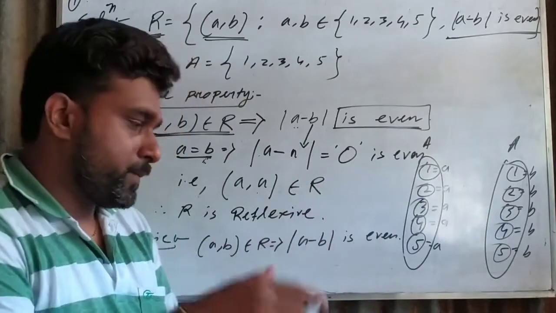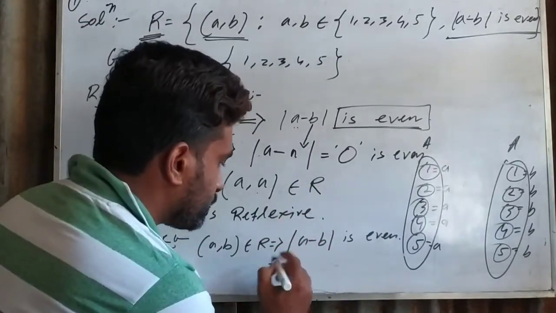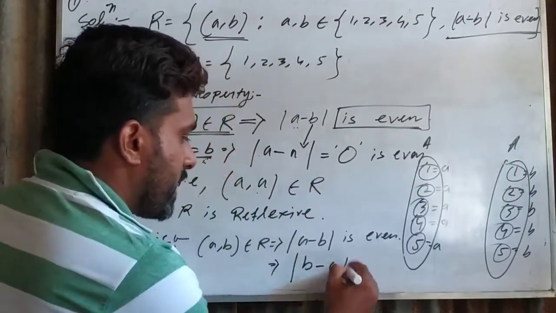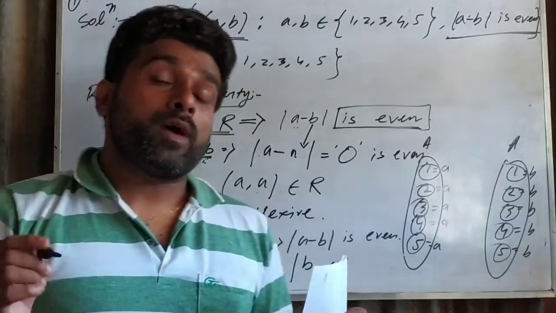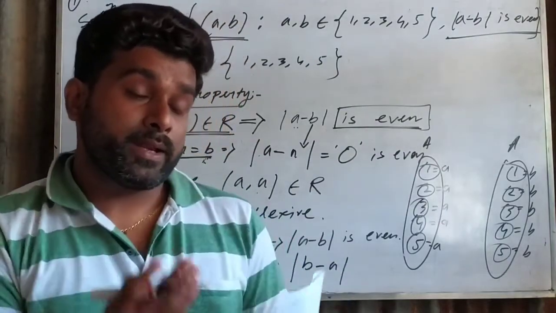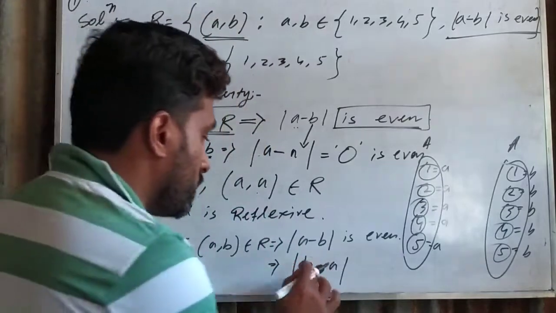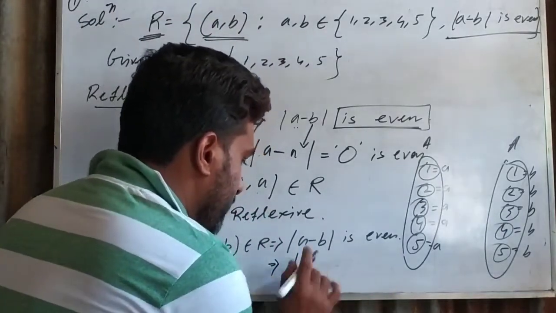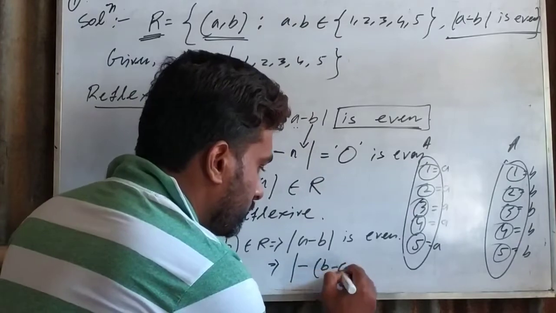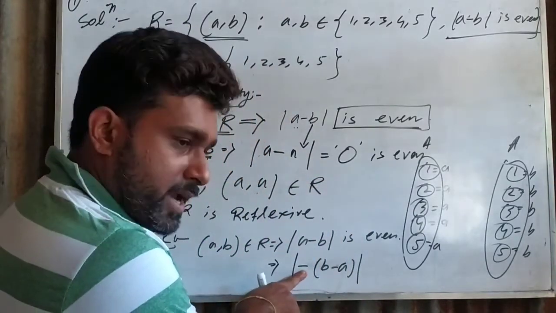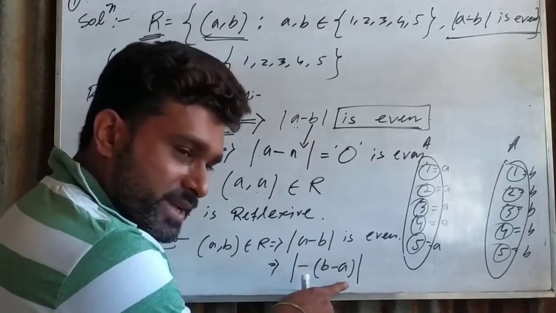So b minus a. As you all know, if you have the minus sign in the middle and you are interchanging their positions, then one minus sign will come in the front. So it can be written as minus of (b minus a). Am I right? This minus sign will be absorbed because the mod sign is there.